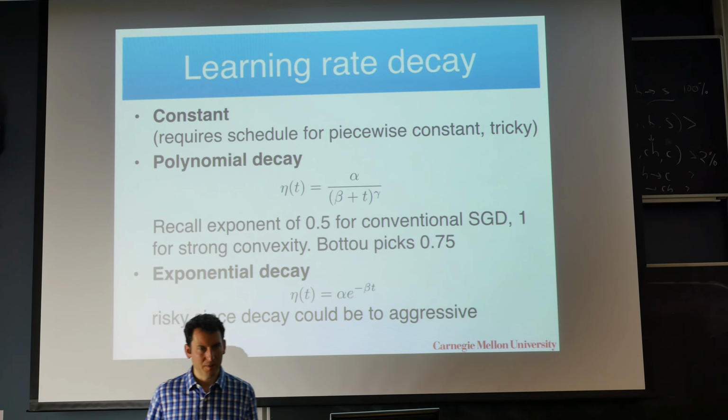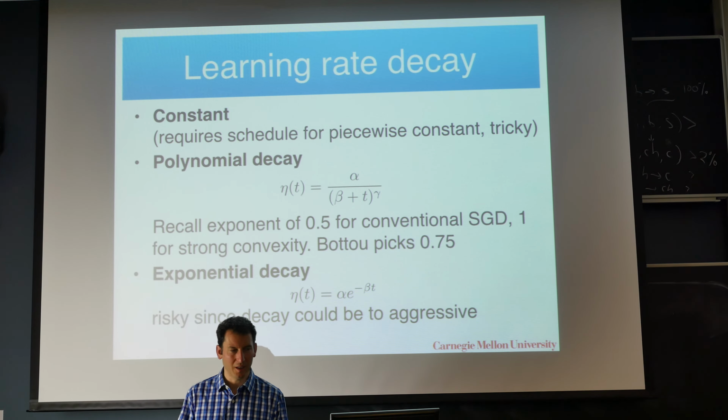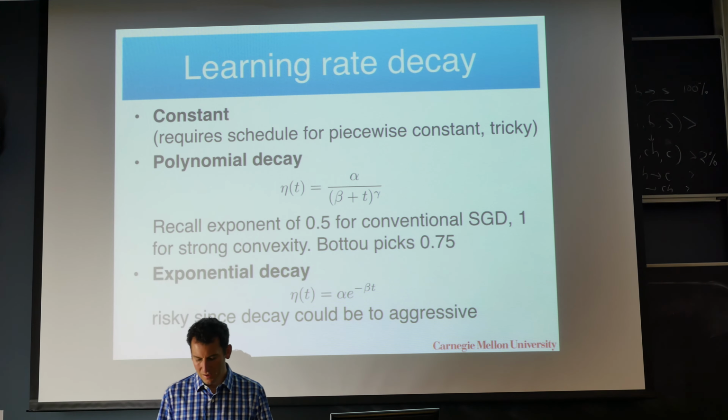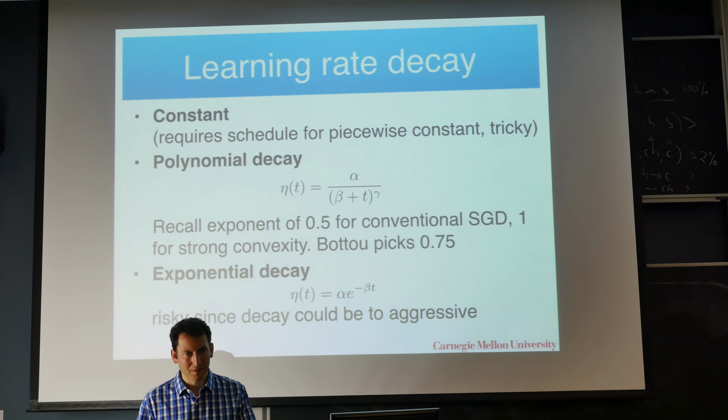There are some papers that argue for an exponential decay, but I think it's quite risky. One thing that probably is a good idea is to actually look at the behavior of the objective function, but then it becomes a lot harder to prove things.